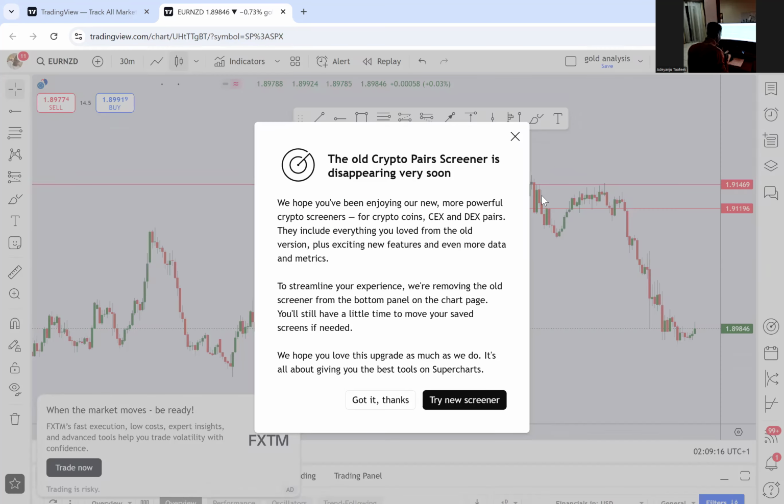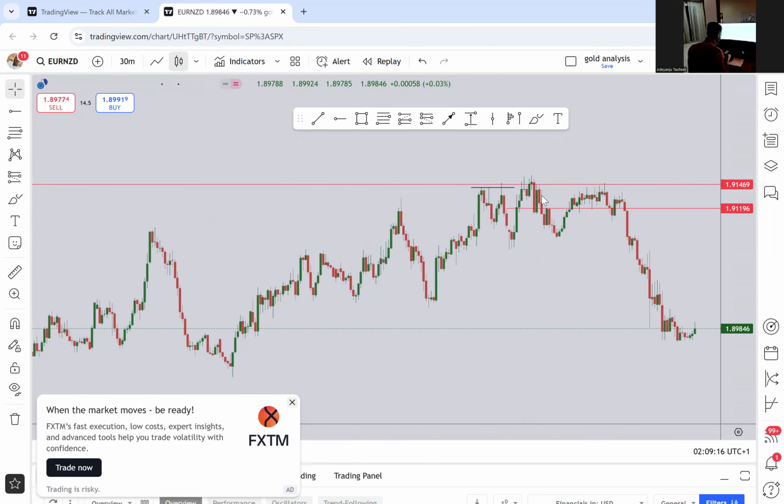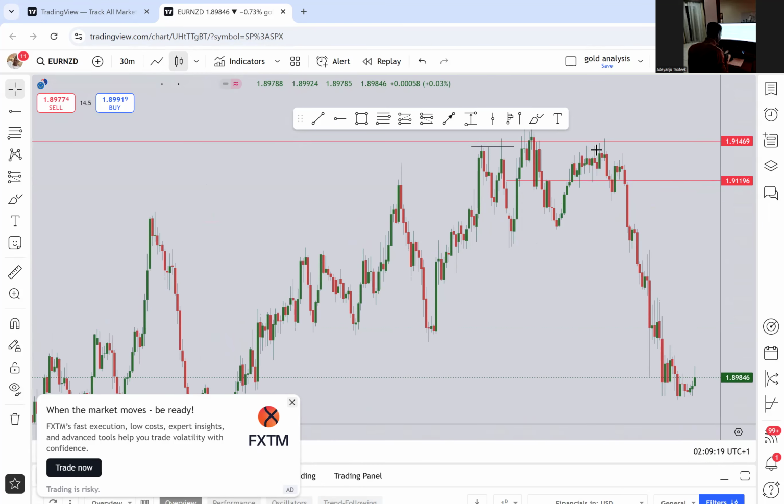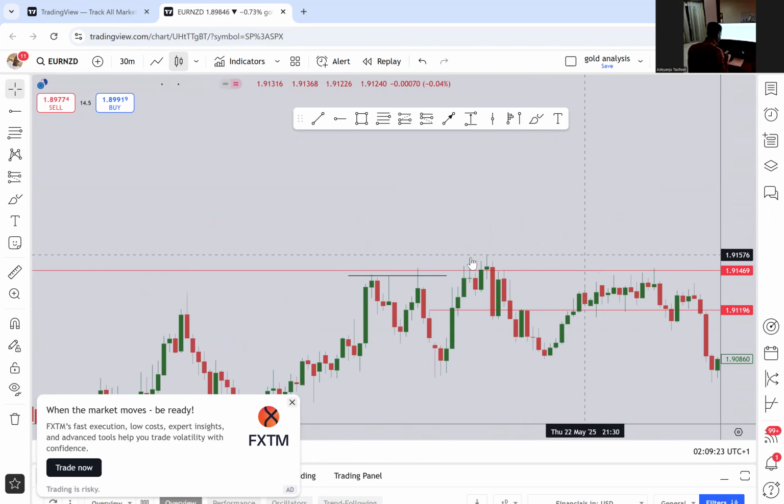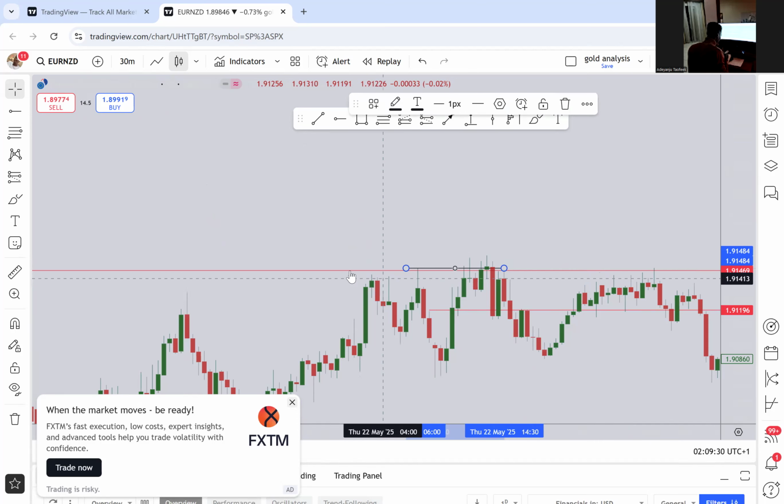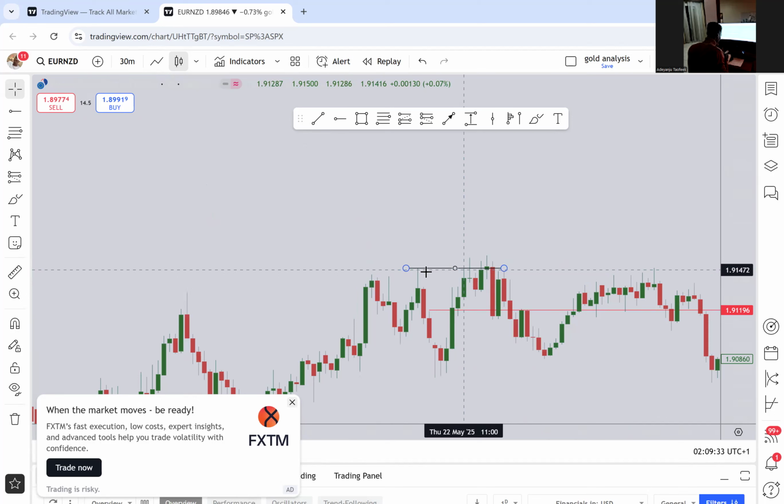Because we've seen a break on the supply, we can see that another level formed inside of this part. After breaking this high, another sell level formed inside of this level. So we now have this level as the high.